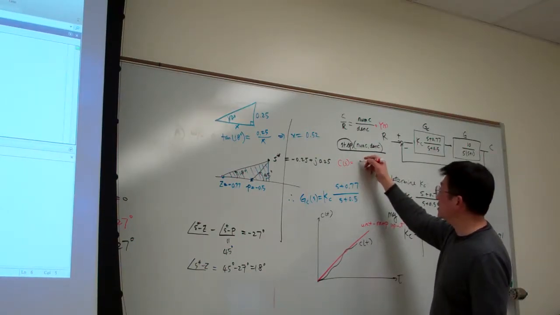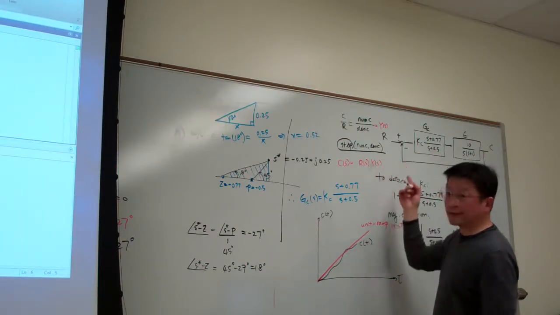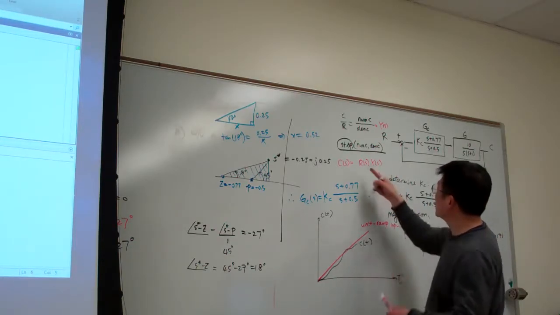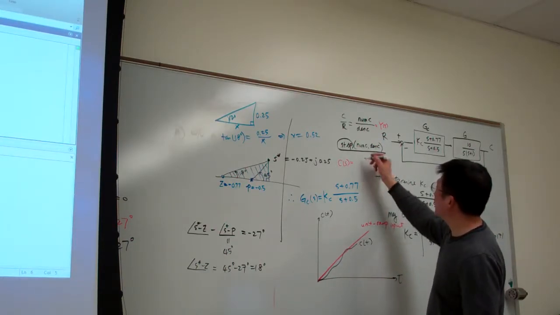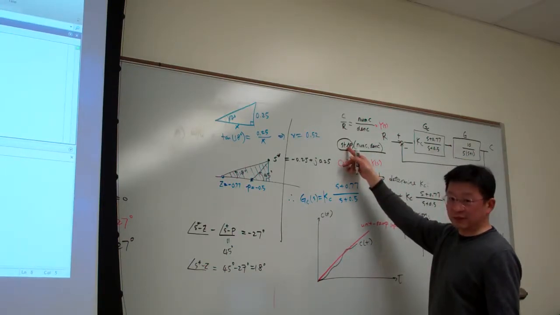The output is the input multiplied with the system, right? And for unit step input, R is equal to 1 over S. So that is the one we take up in the step input.